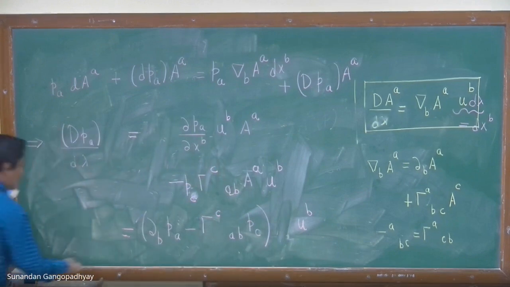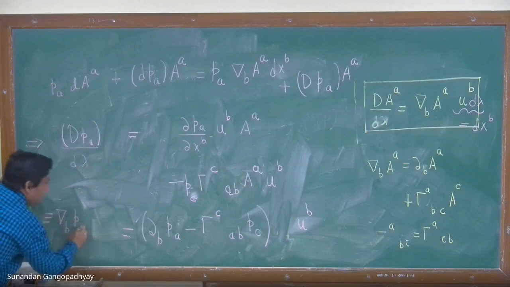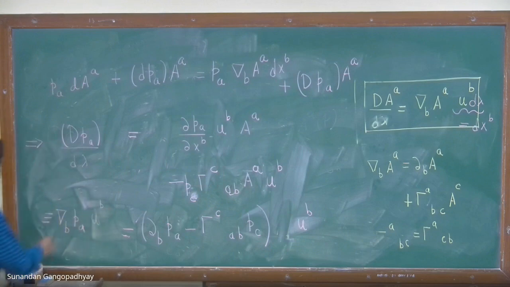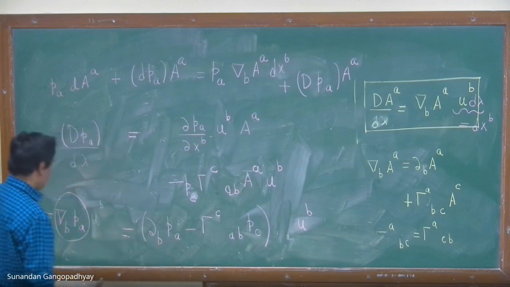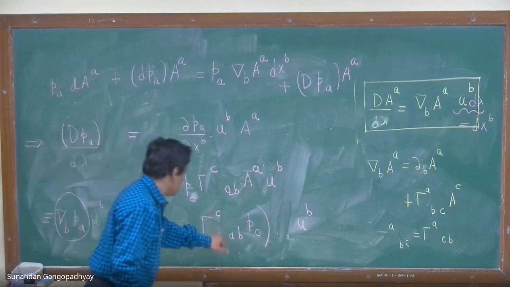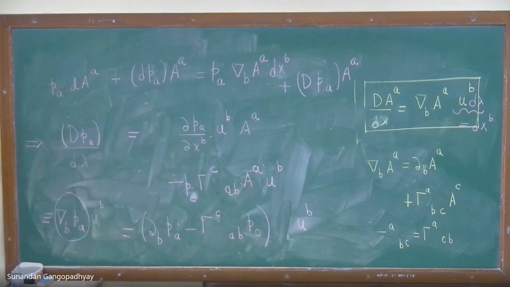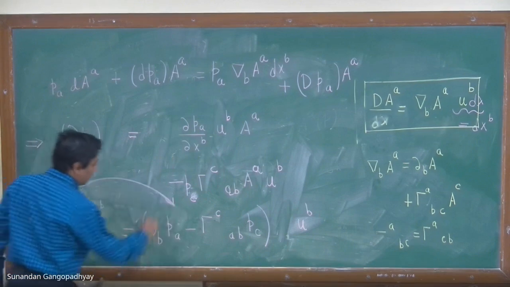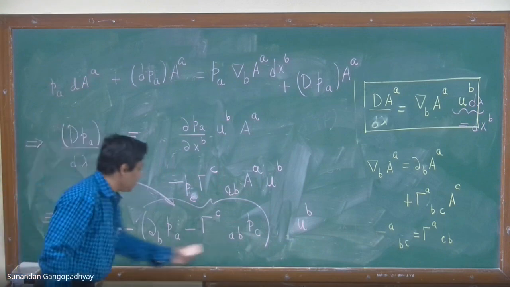And now this I will define as grad B CA, where grad B PA is del B PA, ordinary derivative, minus gamma C AB B. This part, this full thing. So you have dPA d lambda, that is grad B PA UB, where grad B PA is this.